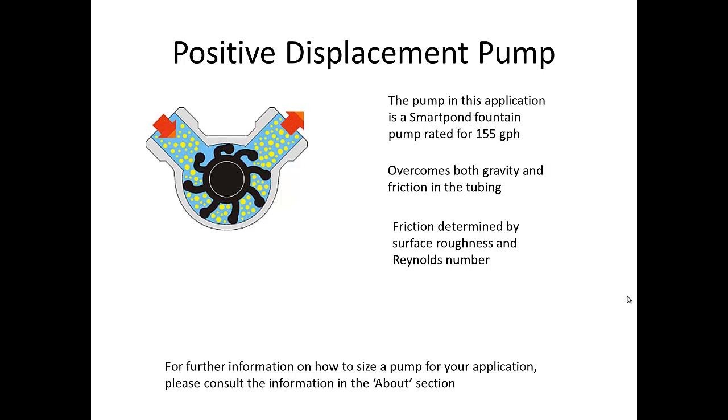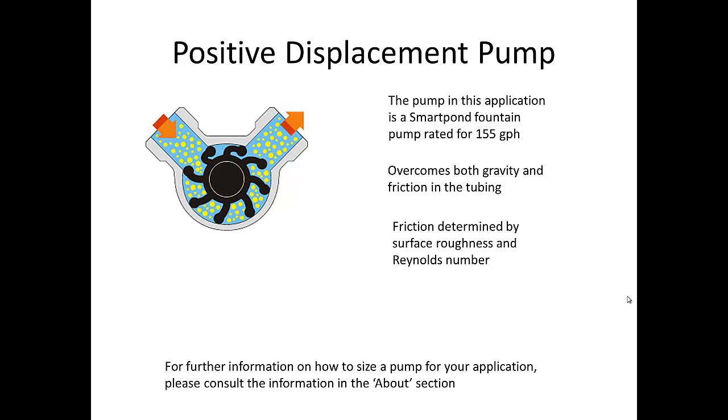And now a pump needs to overcome both gravity of the flow and friction in the tubing. And this friction is determined by the surface roughness of the tubing and by the Reynolds number of the flow. Now the Reynolds number is a very common non-dimensional parameter associated with fluid flows. And it's essentially the velocity of the flow times the diameter of the flow area over the dynamic viscosity of the liquid.